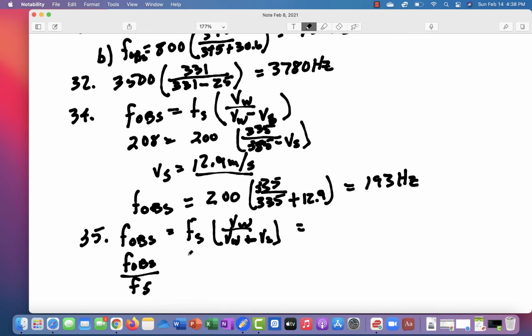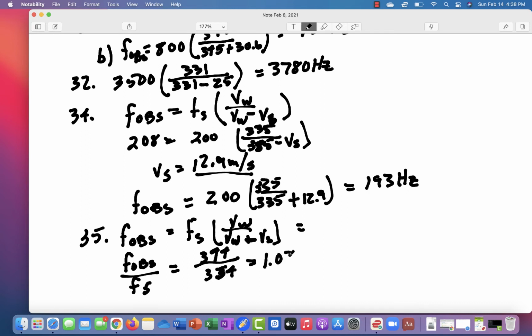So 1.003. So if you put 344 over 344 minus 10, which is 334, what's that number going to be? And that number is actually 1.03.